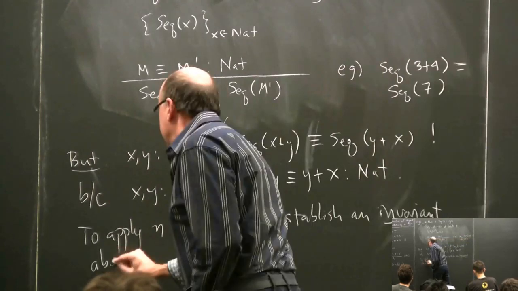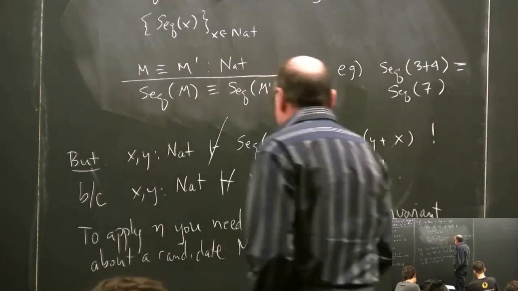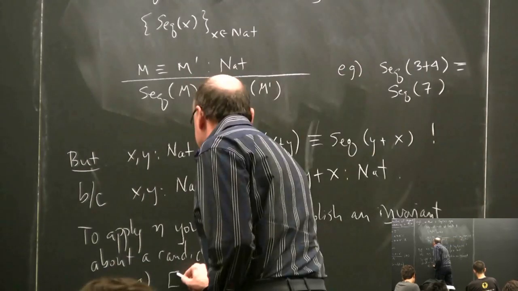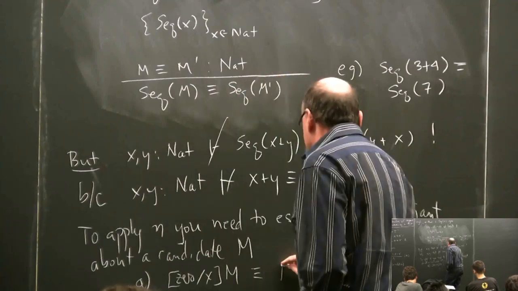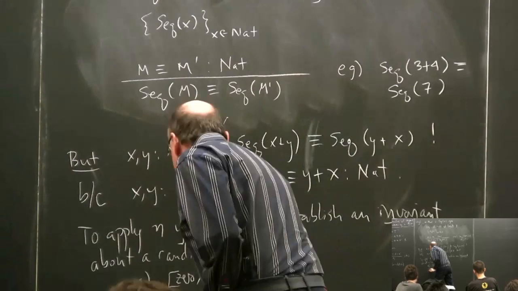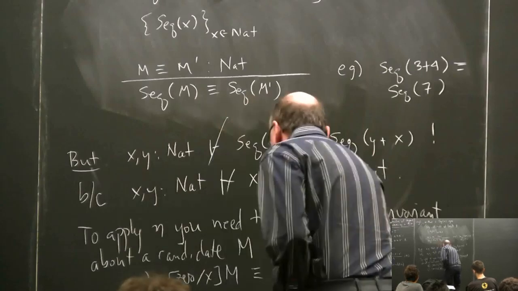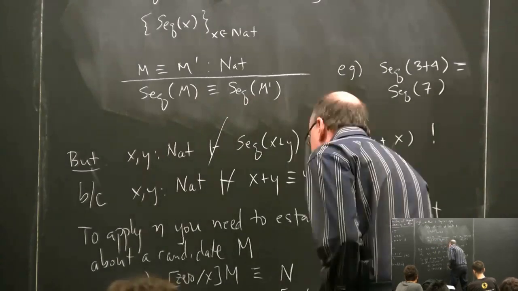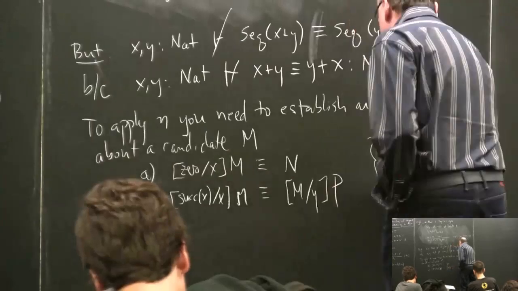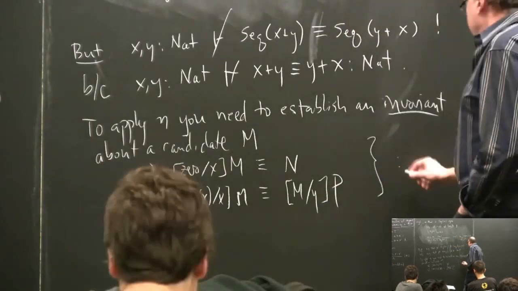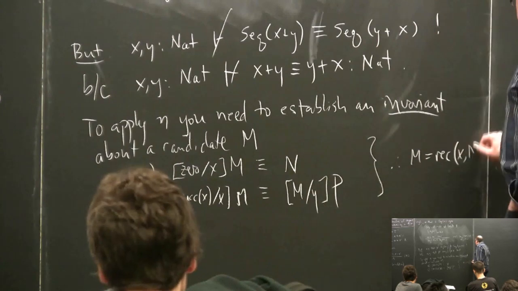That is, we'll think about a candidate mapping, candidate M. And the invariant said that it has to be that 0 for whatever it is, let's call it x, m, has to behave like the base case of the recursor that you're thinking about, and it has to be that if you look at the successor of x for x, m, that has to behave like m substituted for some y in P. You have these two things, and then from there we get that therefore M is the recursor. Let me just write, x and y dot P.